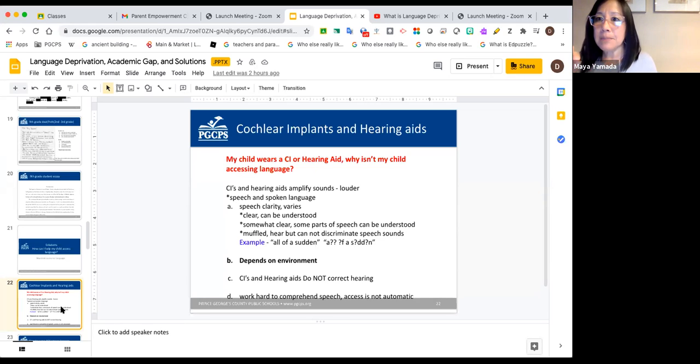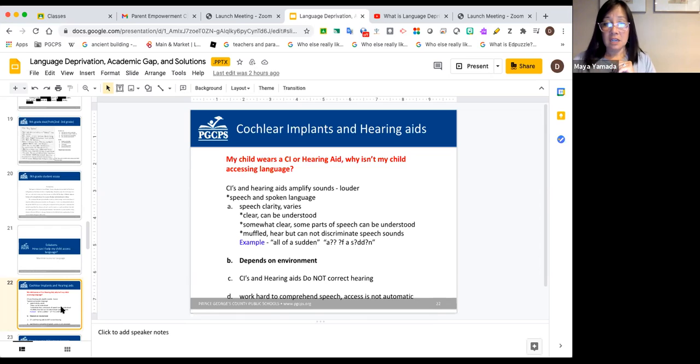And again, it depends on every situation and environment. Some situations you would think, okay, well, I can access language perfectly. And then you go in a large setting, oh my gosh, I'm not sure. I hear them, but I don't know what they're saying. So that's really important for people to understand about cochlear implants and hearing aids.